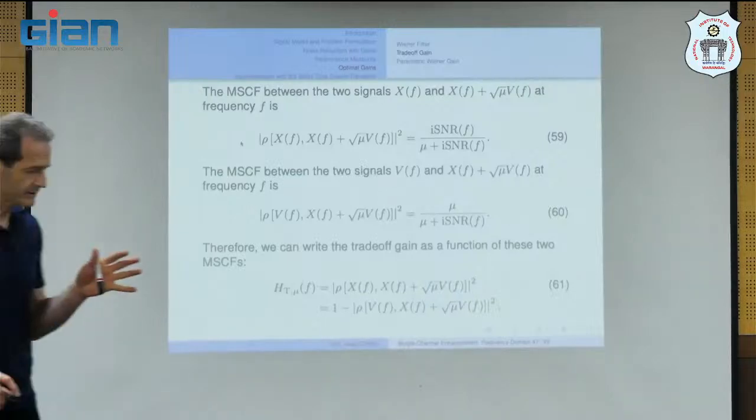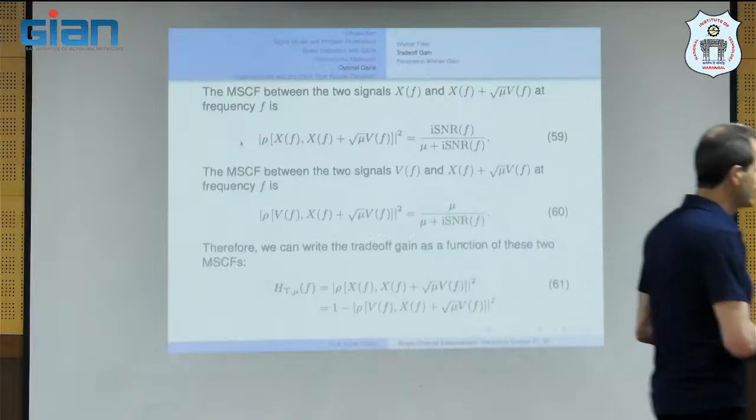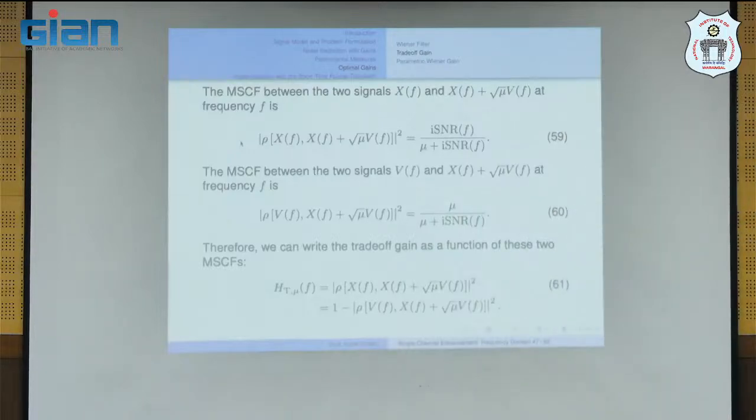So if I give a representation like this, just like what we did, this is with the Wiener. With the trade-off, what did we do? We tried to minimize the mean squared error with the parameter mu. So instead of minimizing the J that looks like JD plus JN, what did we do?